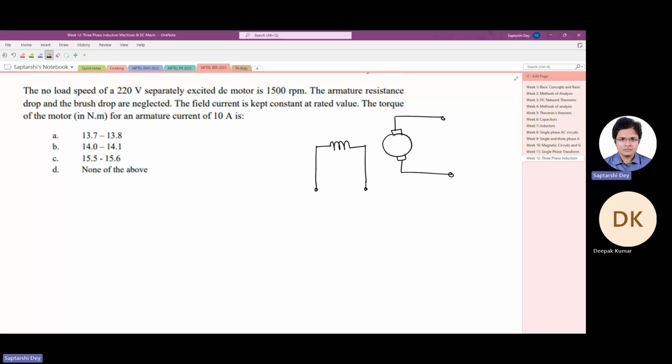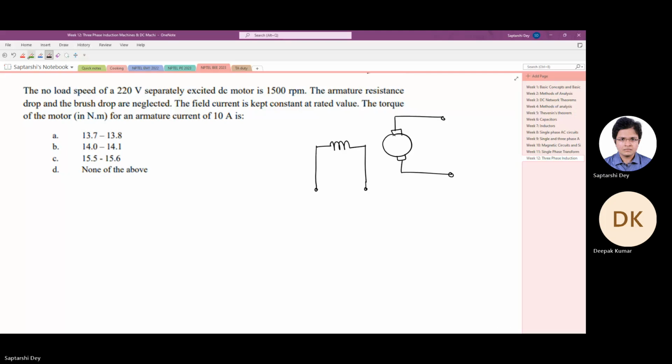How do I find out? They're saying no load speed is 1500 rpm at 220 volt.